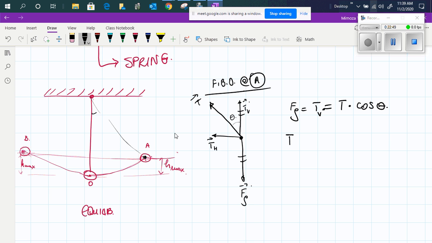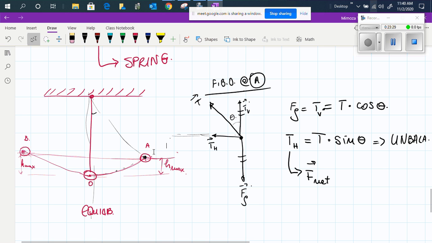And then the horizontal component, which is T times sine theta, is the unbalanced force, which means that this is a net force. If you draw the free body diagram at any point on the right side of the equilibrium of the pendulum, you will always see that the net force will be toward the equilibrium. This net force will always be toward the equilibrium.